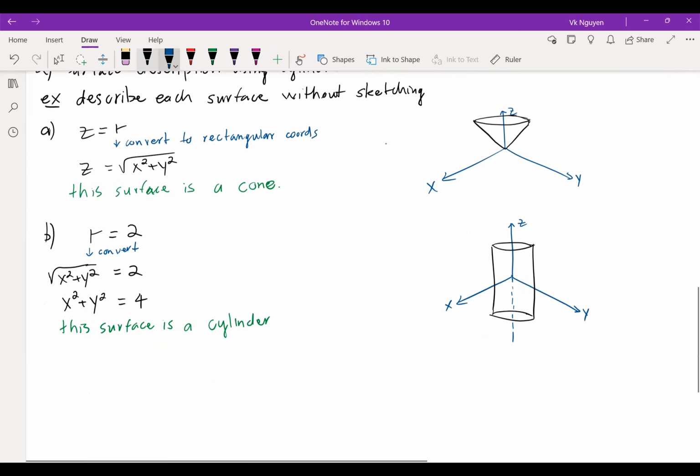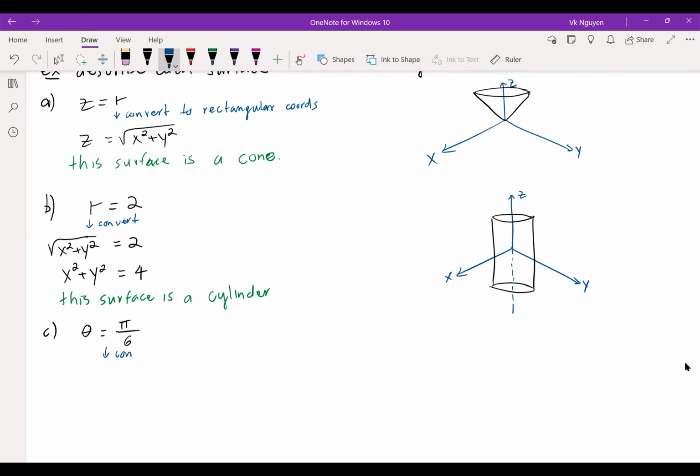Become C. The angle theta is the opposite. Convert, so it can be arctan of y over x, which is the opposite. So that means y over x is the arctangent of the opposite.